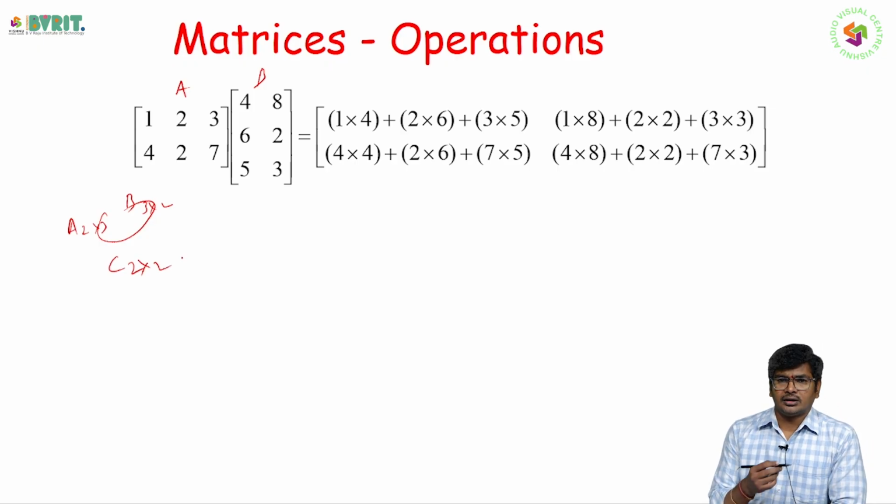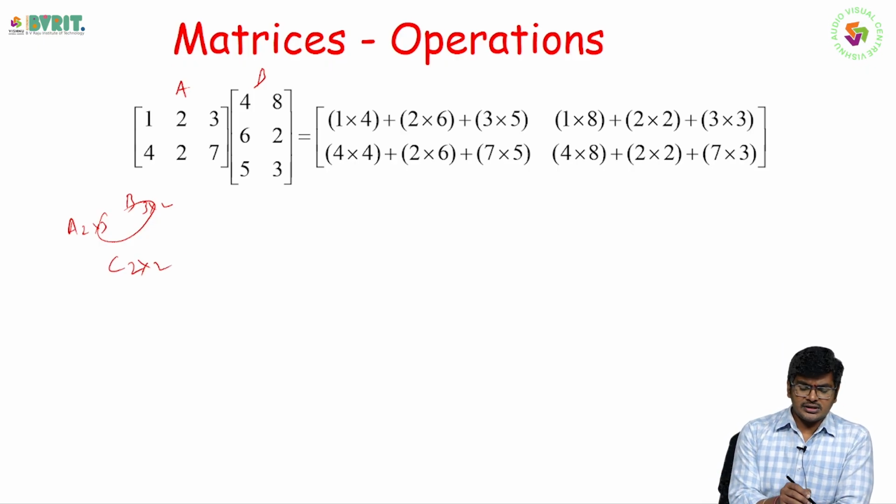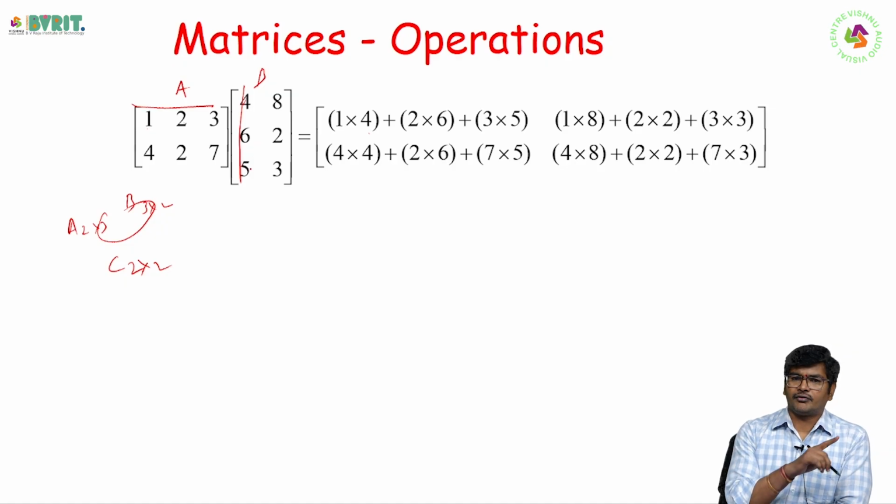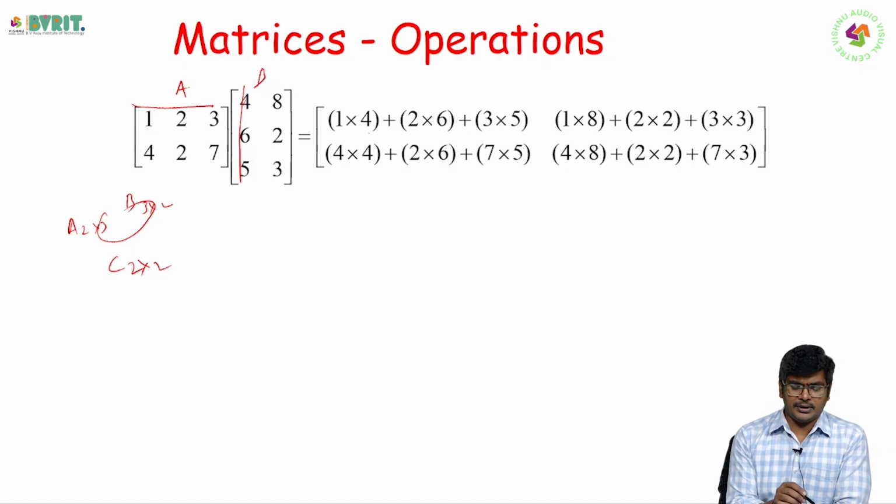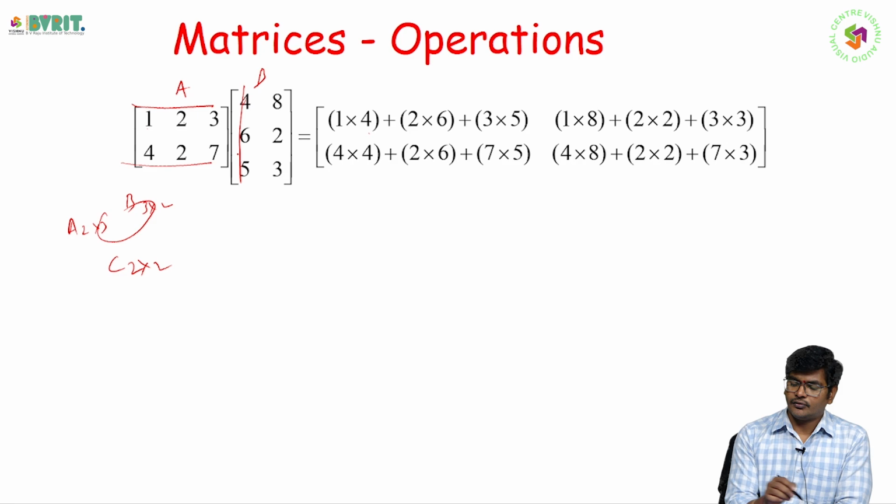How to solve this problem? This is rows and this is columns. Now multiply 1 into 4 plus 2 into 6 plus 3 into 5. First row, first column: corresponding entries are multiplied. Next, second row, first column: 4 into 4, 2 into 6, 7 into 5.